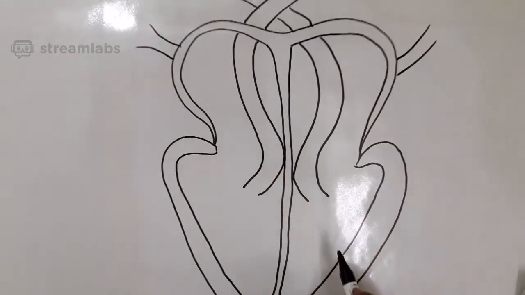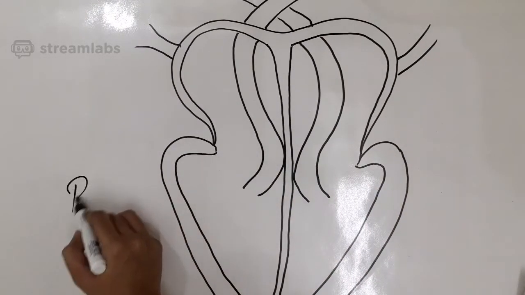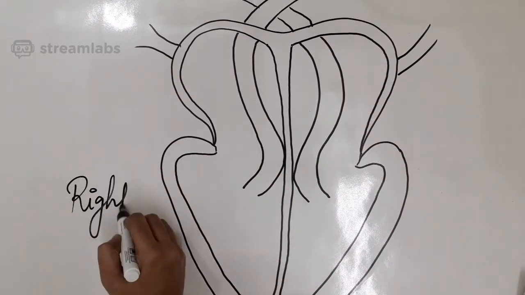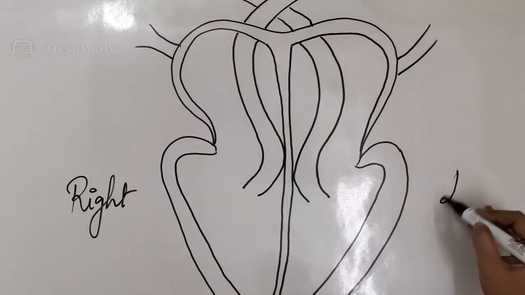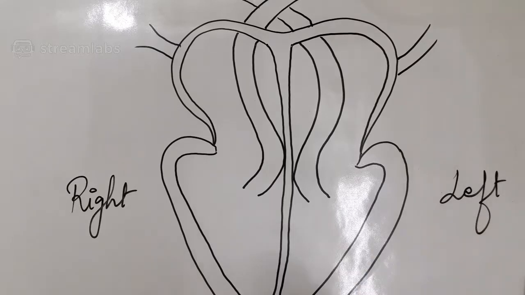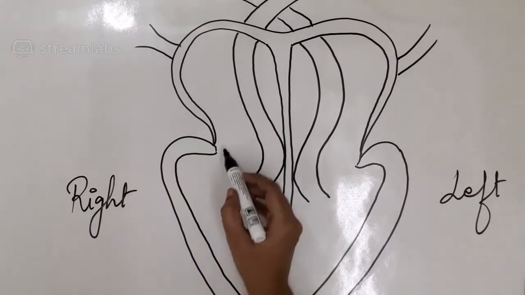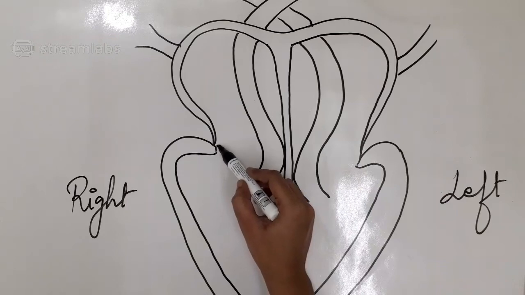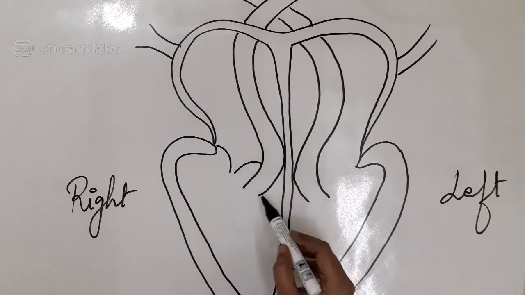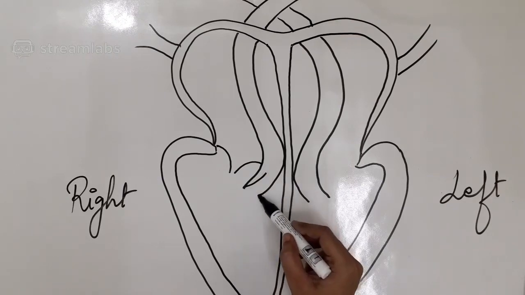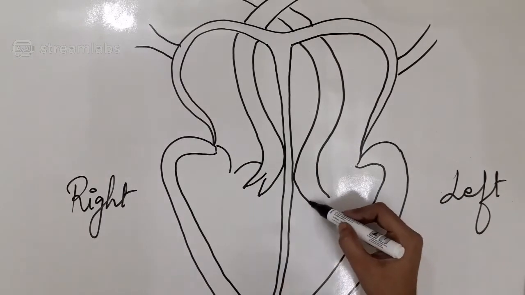The right side of the heart carries the impure blood, and the left side of the heart carries the pure blood. Also, there are valves present between the chambers that help in the movement of blood in only one direction.